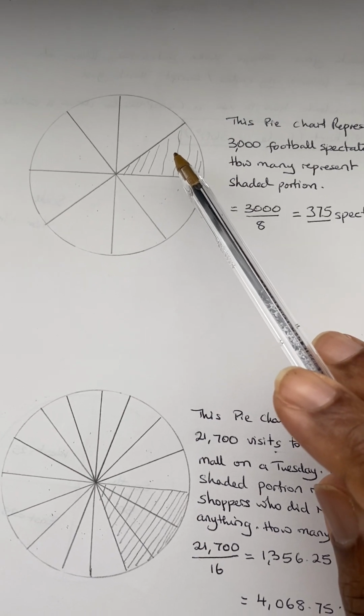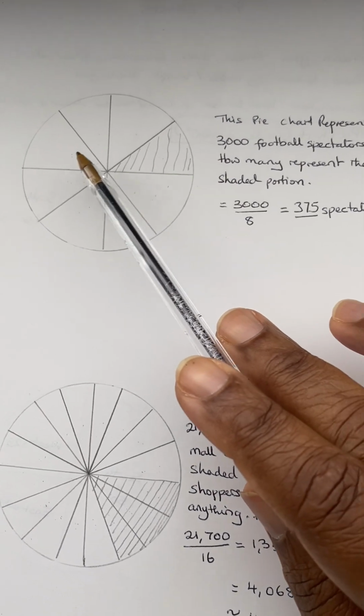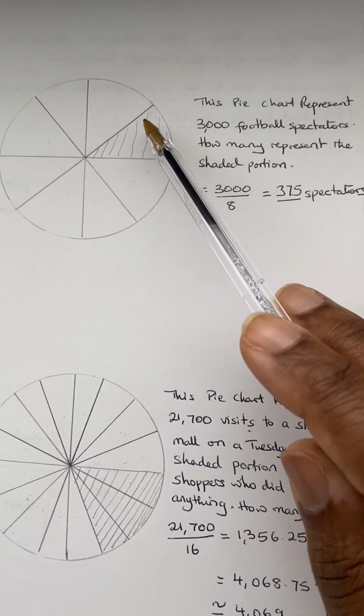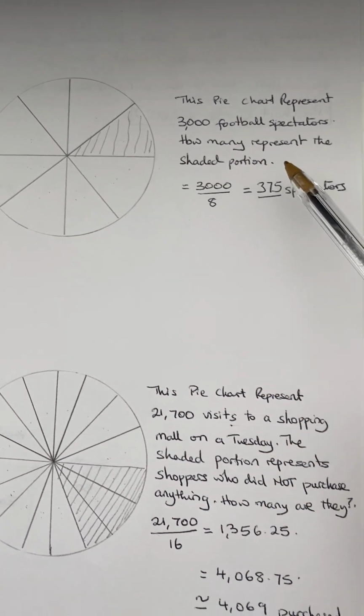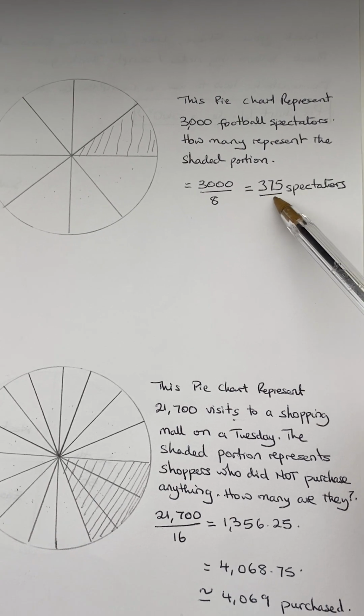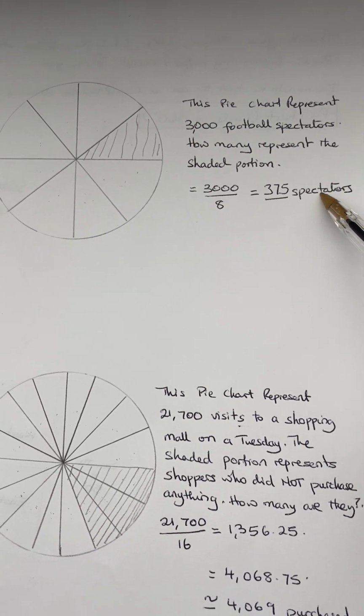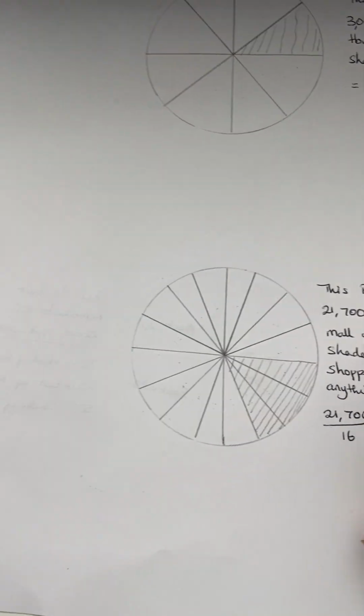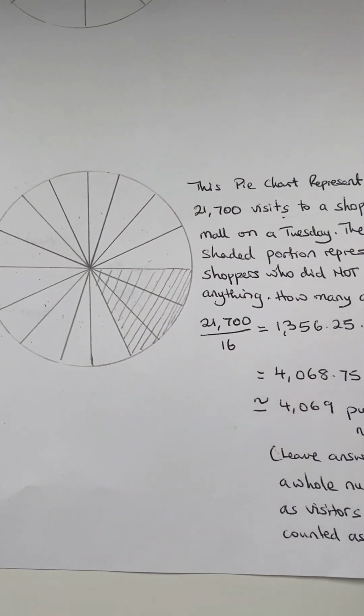So maybe this will be A, B, C, D, E, F, G, H. So each stand can have 375 spectators. Okay, now let's look at our second example.